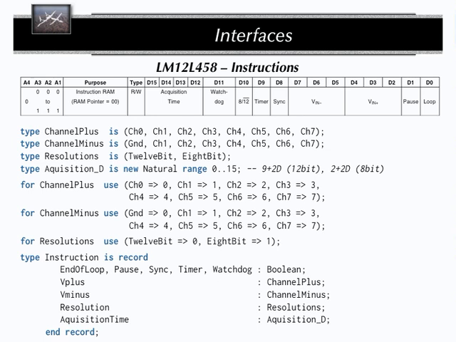Interestingly, the type for the plus channel and for the minus channel are actually different, because for the minus channel you have the option in this device, one of the values which you can set here means ground. For the other one it doesn't mean that. For the other one it means channel 0. So they're already not the same, so you define two different enumeration types for that one.